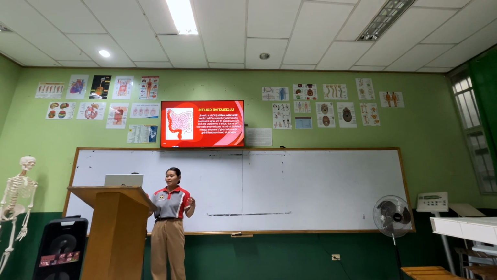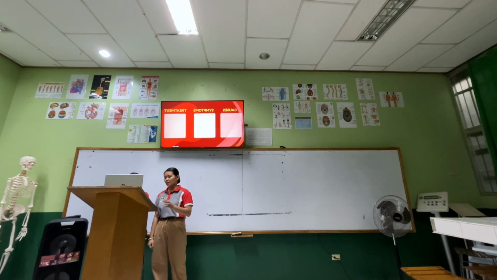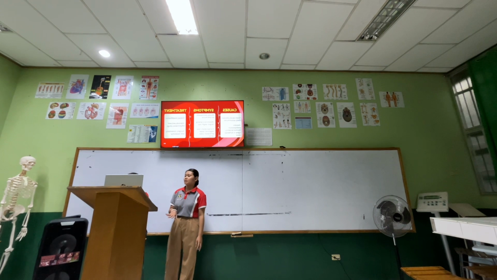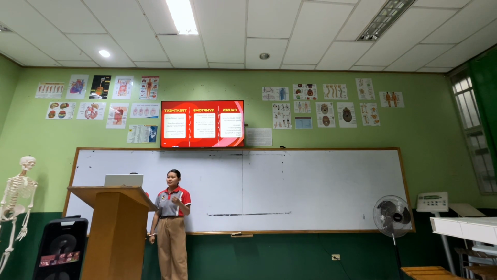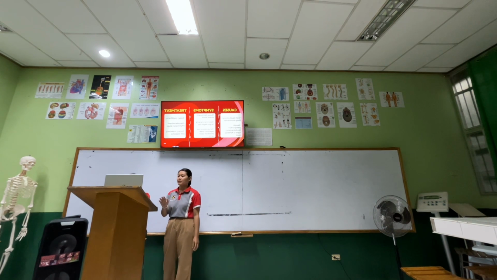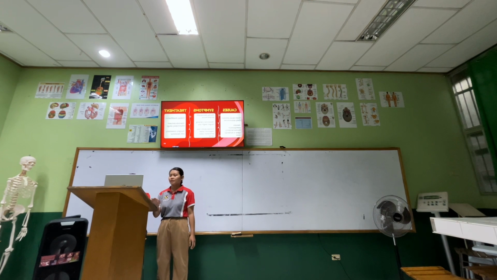So next, the causes: exact cause unknown and genetic predisposition. The symptoms are bloody diarrhea with pus and mucus, abdominal cramping, fatigue, weight loss, and complications: toxic megacolon, bowel perforation, and colon cancer.